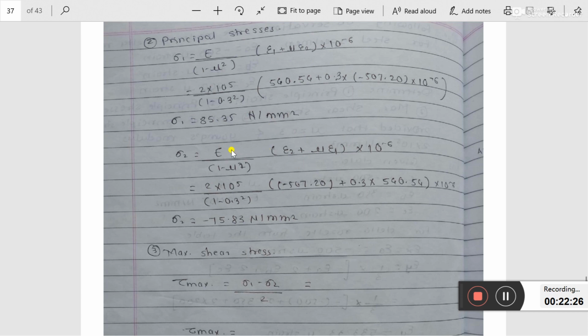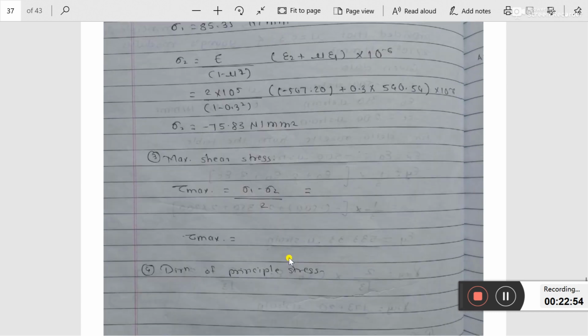So once again I have kept the value of E, the value of mu, then put the value of epsilon 2 which I already calculated, then epsilon 1, multiplied by 10 raised to minus 6, and I get sigma 2 is equal to minus 75.83 Newton per mm square. So like that I have calculated sigma 1 and sigma 2, that is the principal stresses.